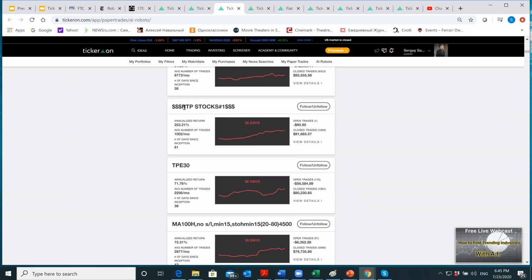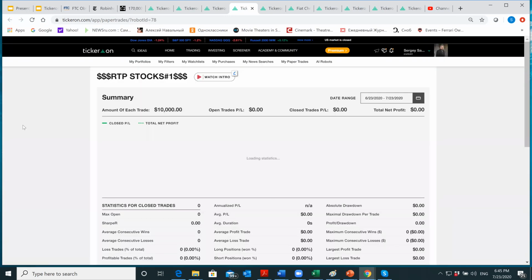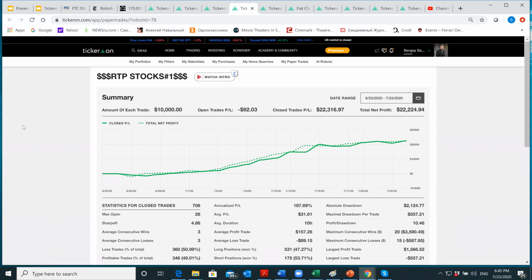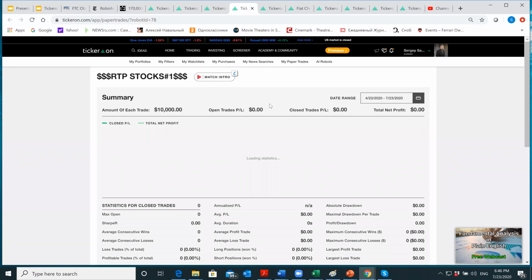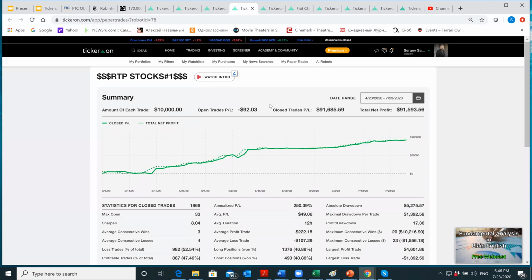Let's say, for instance, RTP, based on real-time patterns. We're going to click here and see how those robots are performing, okay? Within 1 month, it made 22,000, okay? Let's say within 1 quarter, I don't know how long it's been trading, 91,000. You see, these are consistent gains, okay?